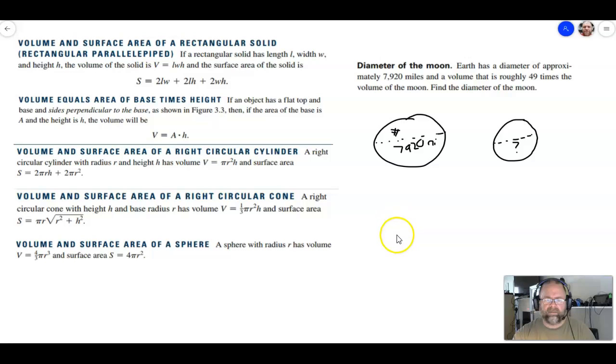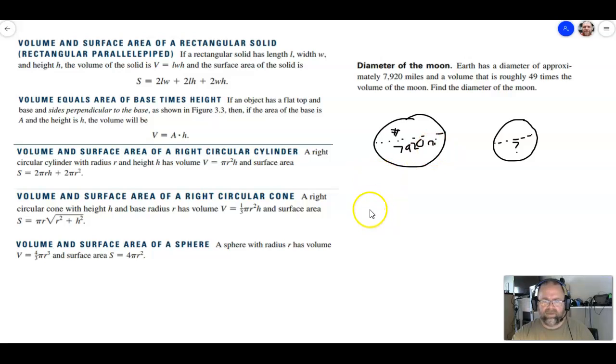So I'm going to go ahead and set up the equation here, and I know that the volume of a sphere is 4/3 times pi times r cubed. I know that the volume of the Earth is roughly 49 times the volume of the moon, so I'm going to set that up as an equality.